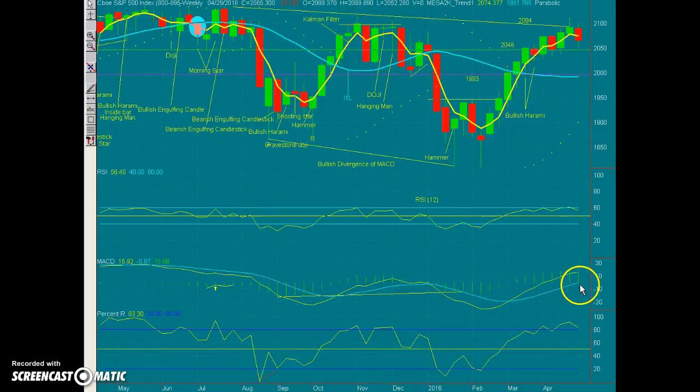MACD is still above the zero line, although the histogram ticked down a bit, and percent R is still above the 80% line, indicating strong momentum, although percent R is really an oscillator, and you can call this an overbought level. I use it as a momentum indicator.